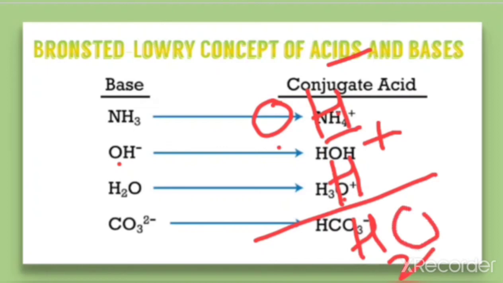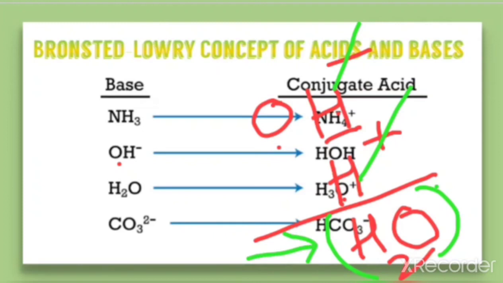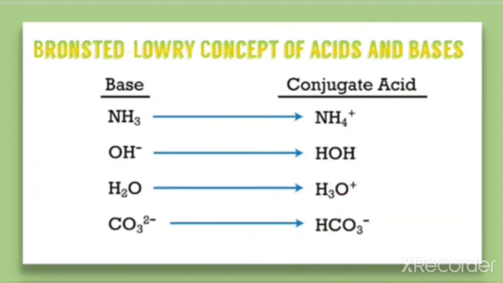Here there is one positive charge and also one negative charge, and this negative and positive get cancelled. So what is the overall charge for this molecule? No charge, H2O is neutral. So when you make the sum, you have to be very careful with the charges. So what is the conjugate acid for this?